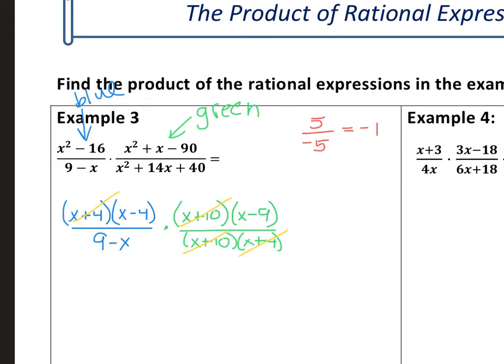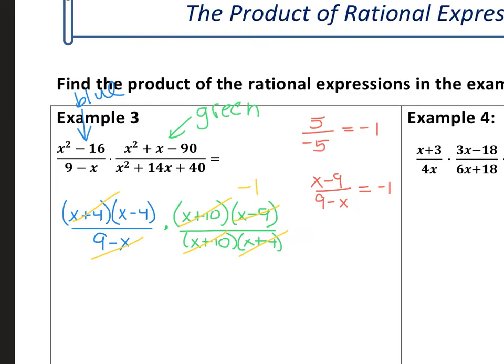X minus 9 and 9 minus x are exactly opposites. It happens to be an algebraic expression instead of a number. So I'm going to put this over here just to point this out. You will see some examples like this. Okay, so these are going to reduce, instead of to 1, they reduce to a negative 1.